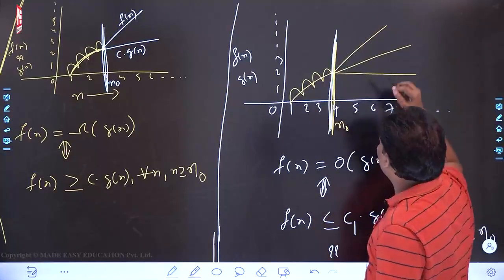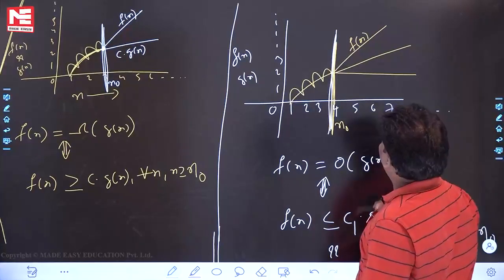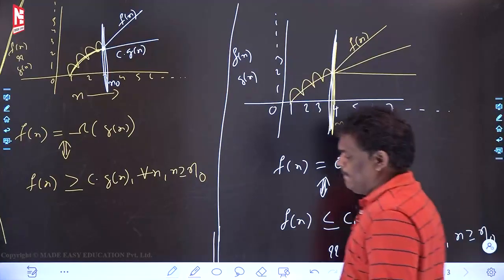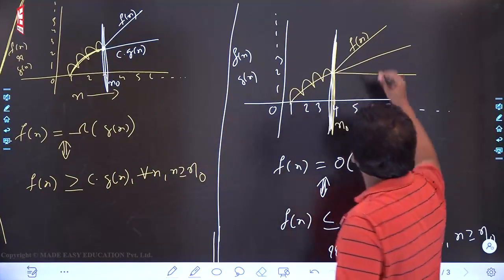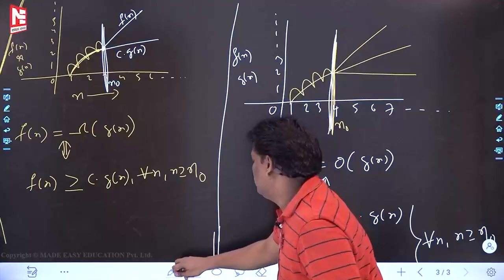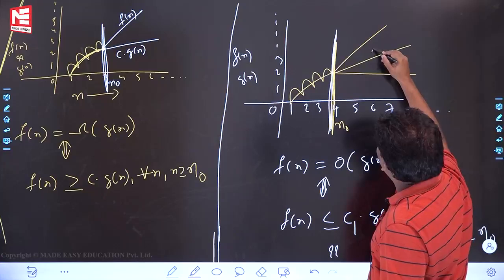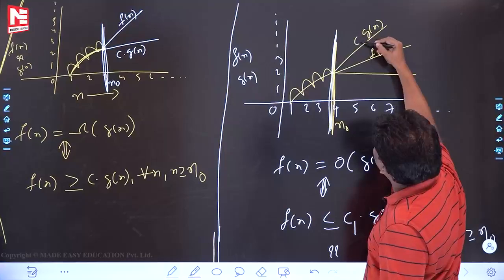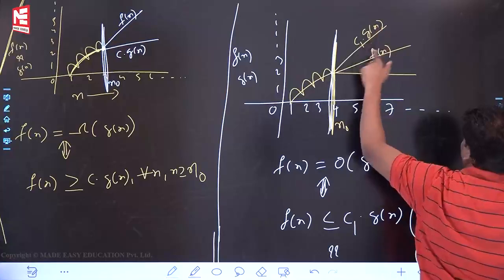Let me check this one. What is the big O? See the big O now. This is the f of n. Comparing f of n and g of n, g of n is bigger after taking c1 help.